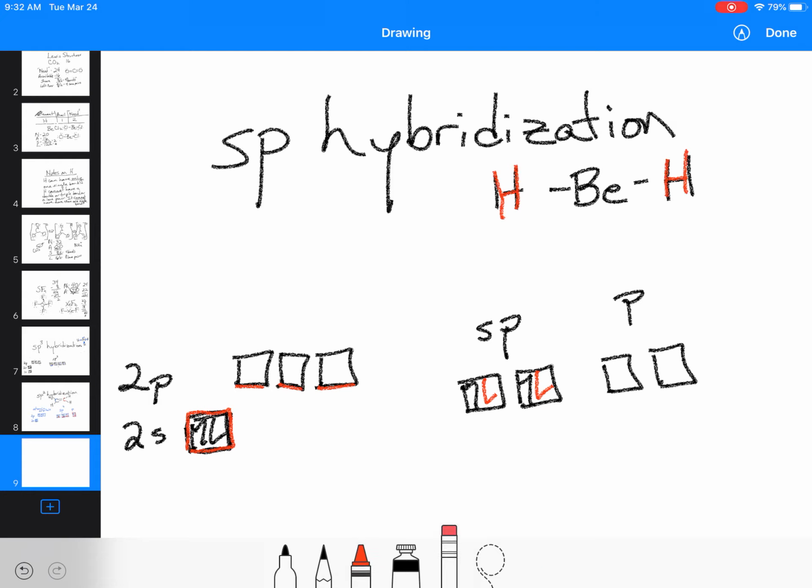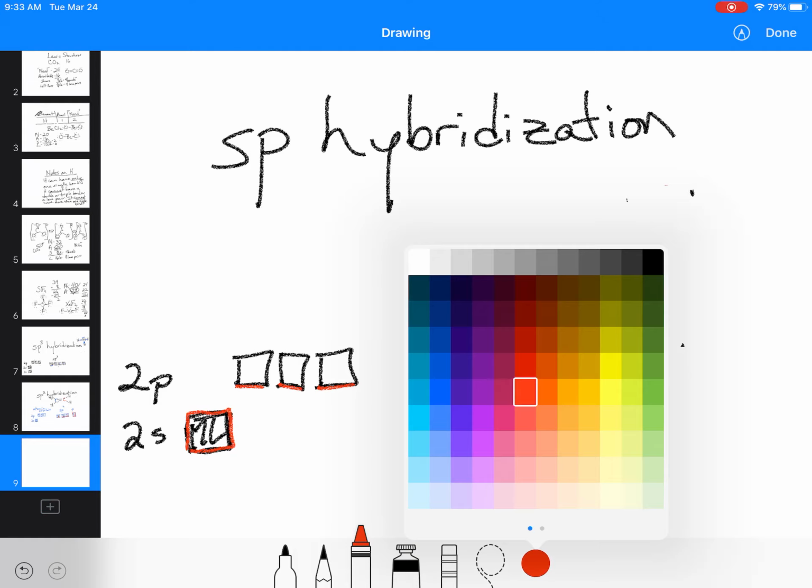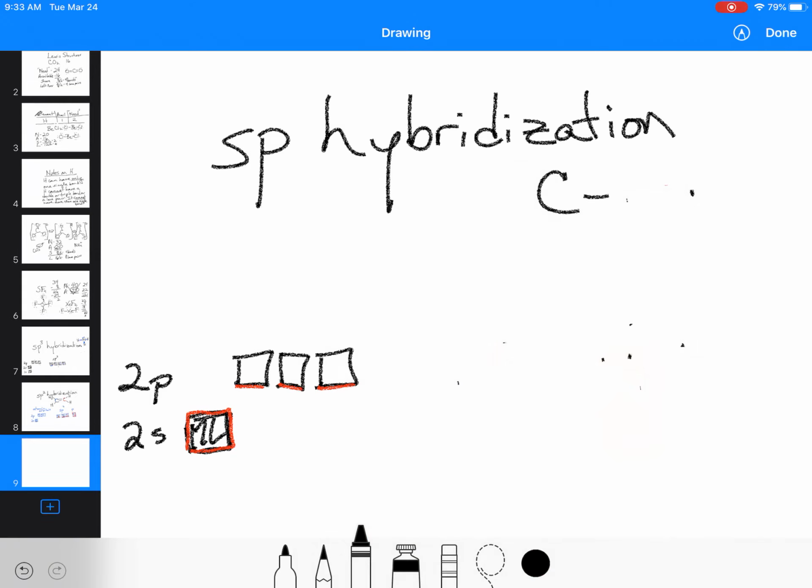Now let's talk about a more complicated sp hybridization scheme, and I'll do that with respect to acetylene. Here's acetylene, HC triple bond CH.